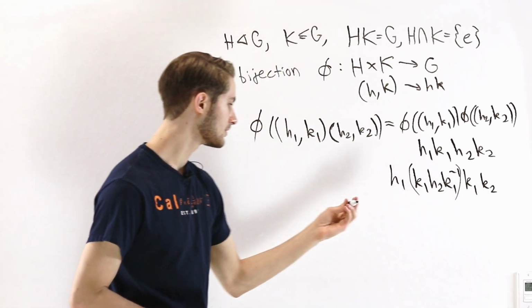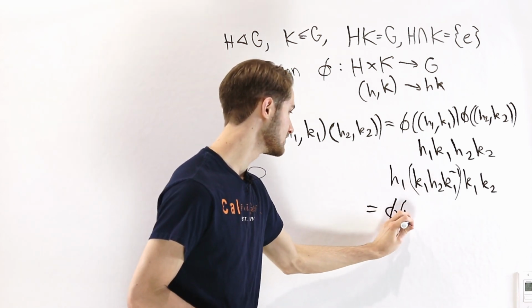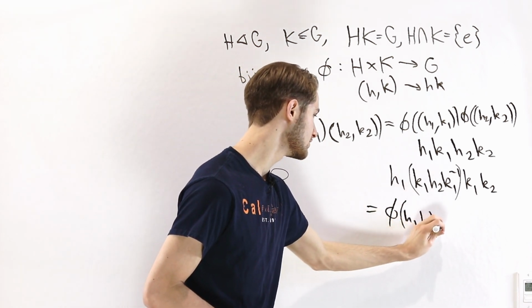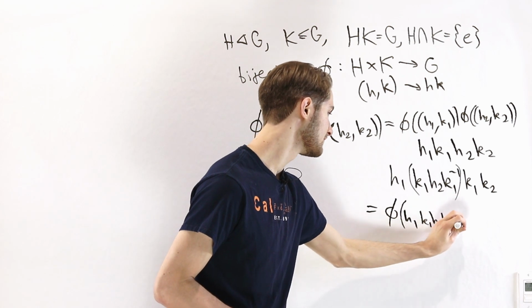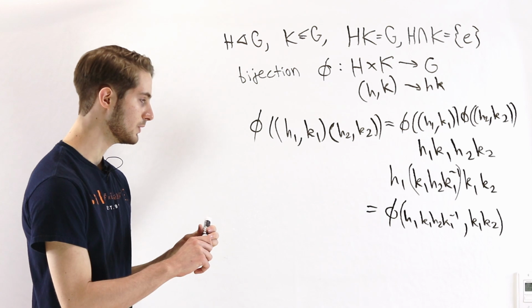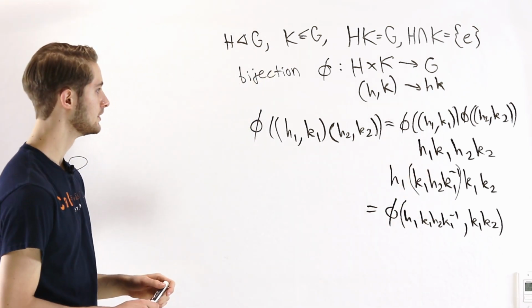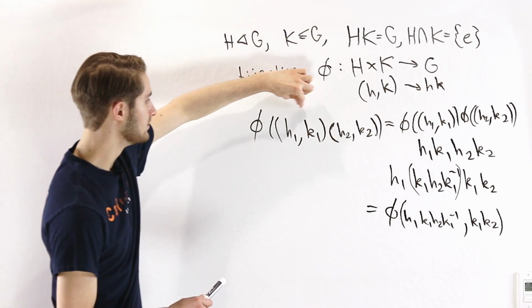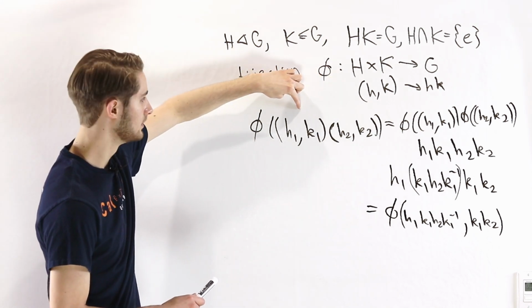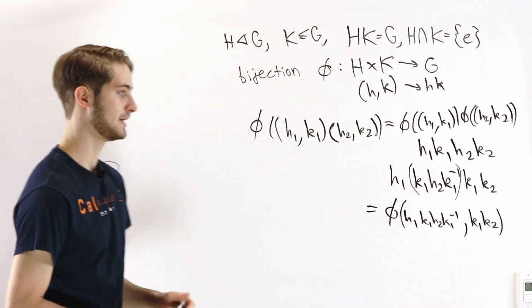So right here, this product is equal to phi of the part in H, which is H1, K1, H2, K1 inverse, comma, K1, K2. Because the way we evaluate phi in that case is just to take the product. So we have phi of this product right here has to be equal to phi of this ordered pair.